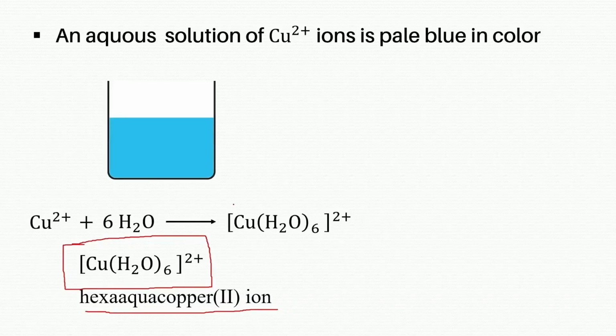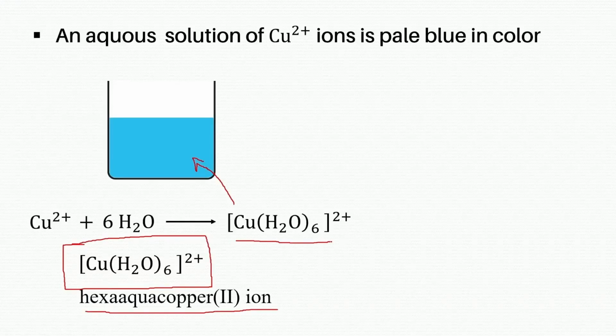Yes, the pale blue color of this solution is due to this complex ion, hexaaquacopper(II) ion. The color of this complex ion is pale blue. Now you can understand that the pale blue color of Cu2+ ion solutions is due to the presence of hexaaquacopper(II) ion.